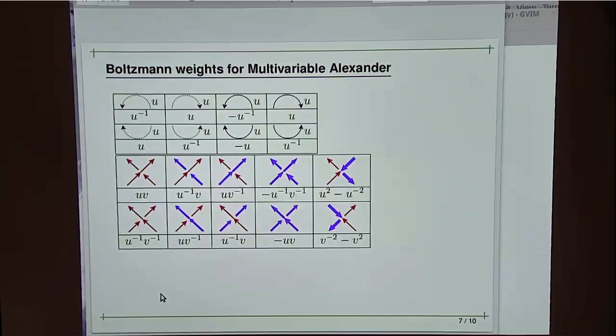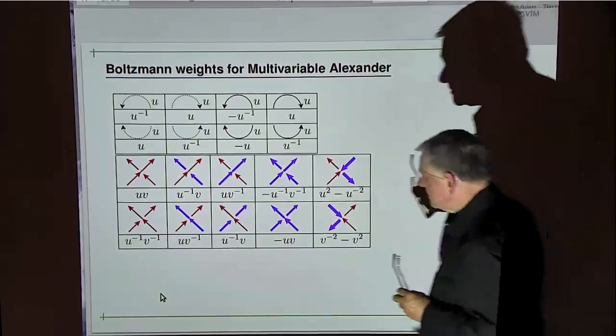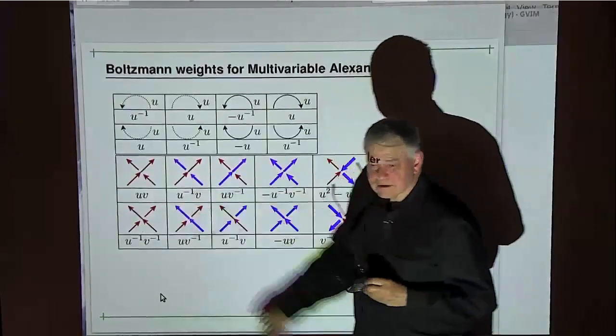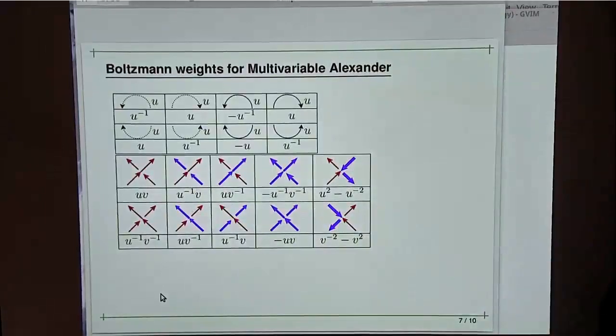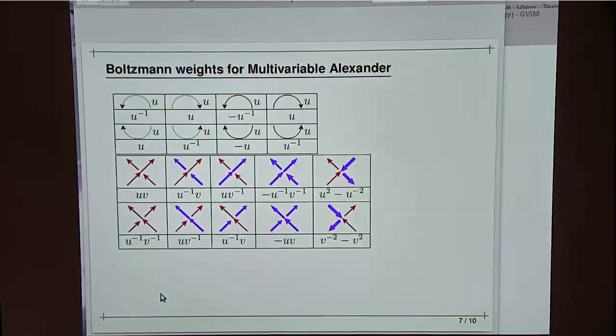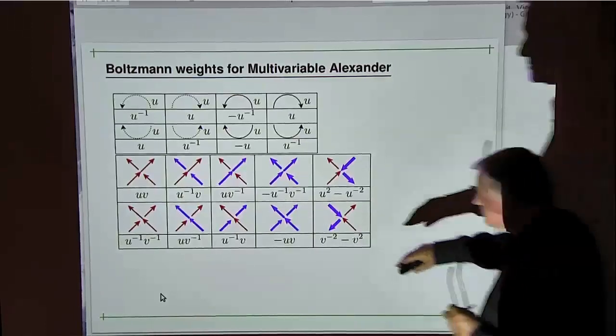And then in a straight crossing, which is not a shunt, you take the variable to a power which depends on the other string. Consider the positive crossing. If the other string is bosonic, then you put +1.